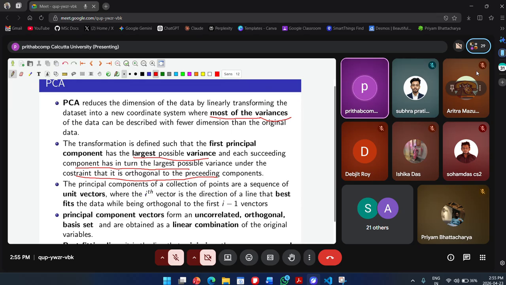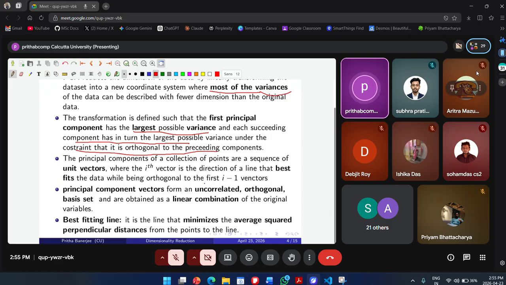To explain this line once again in much more detail, the principal components of a collection of points are a sequence of unit vectors.